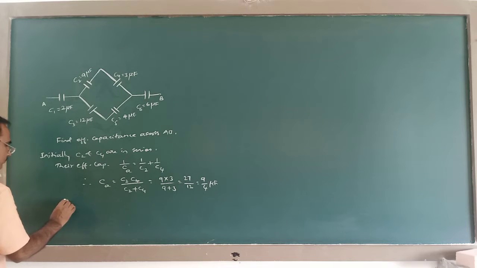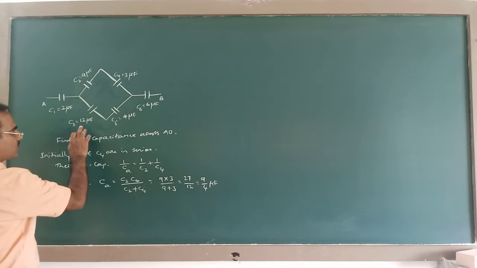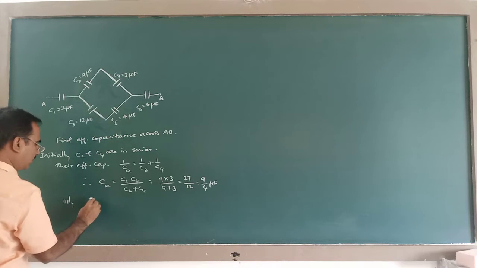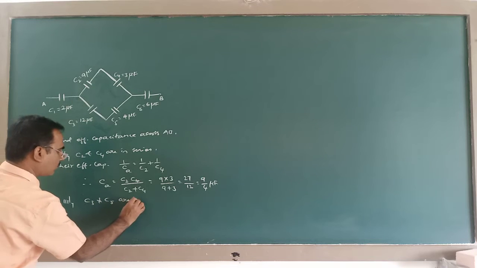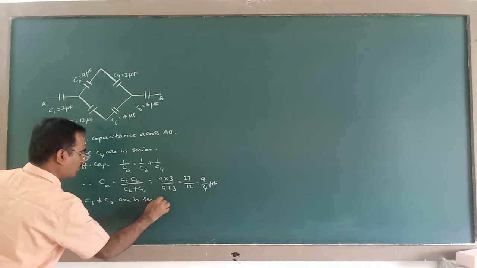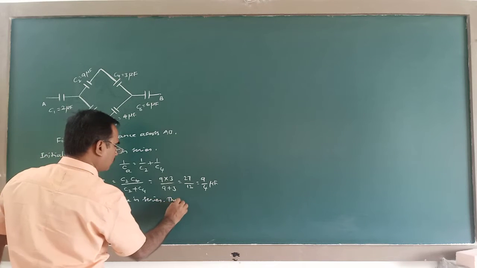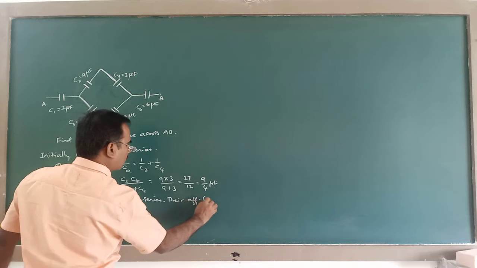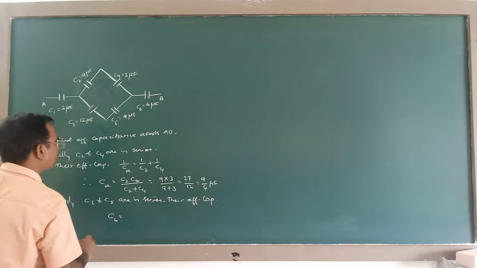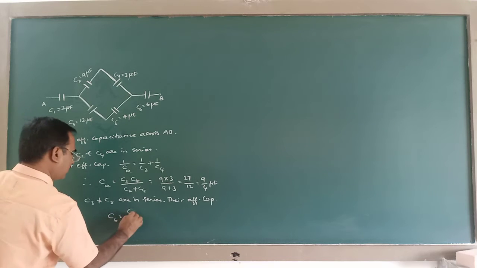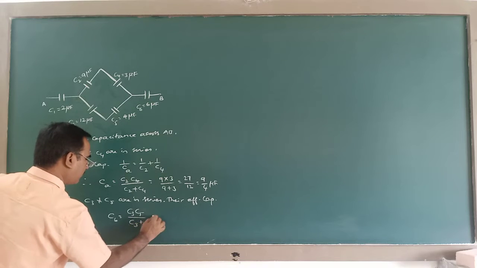Similarly, here C3 and C5 are in series. Their effective capacitance, I write it as CB. So C3 into C5 divided by C3 plus C5.